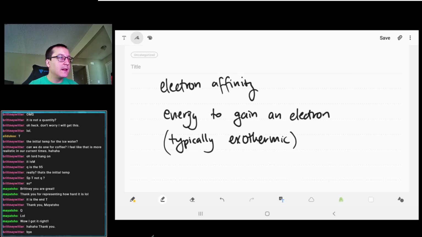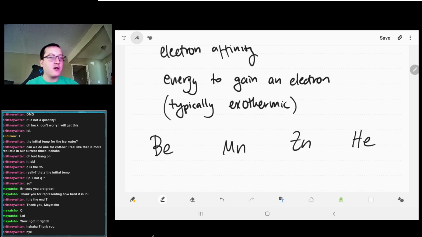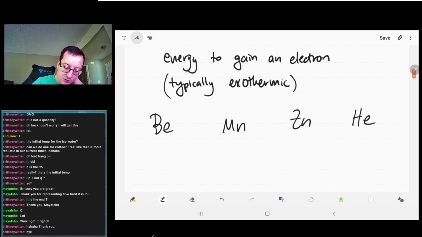Okay. Let's take a look at here are 4 of them that don't want to gain electrons.